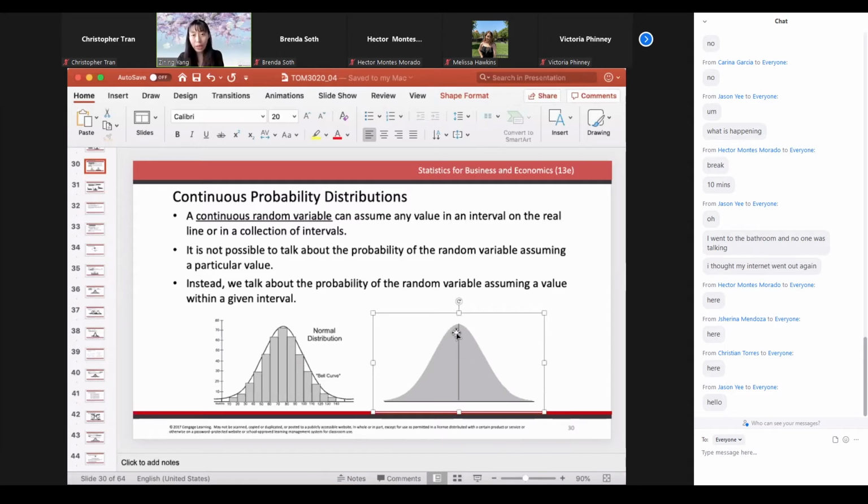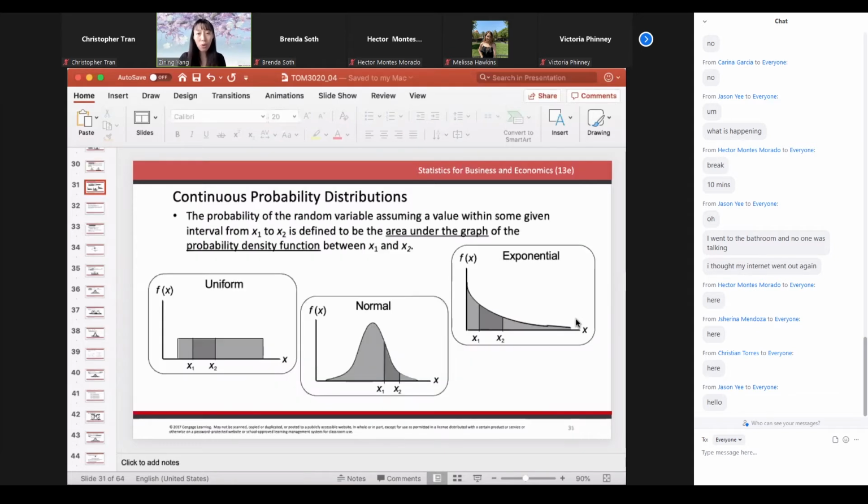instead of looking at a tiny bar, now the new technique we want to learn is, now we're looking at the area beneath the curve. So the area beneath the curve in this probability distribution, in this bell-shaped curve, represents probability.